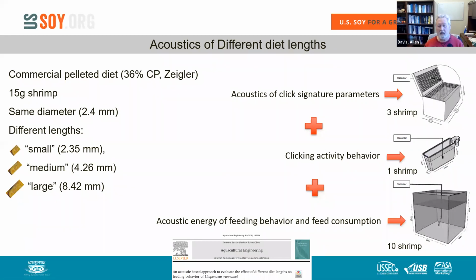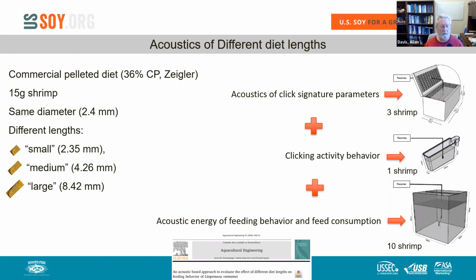We've looked at the length of the kibble, and to do this, we actually did some acoustics recording in soundproof chambers because we wanted to see if there was any difference in terms of the actual characteristics. So we did a lot of individual animals, group animals, as well as some isolated animals, acoustically isolated.